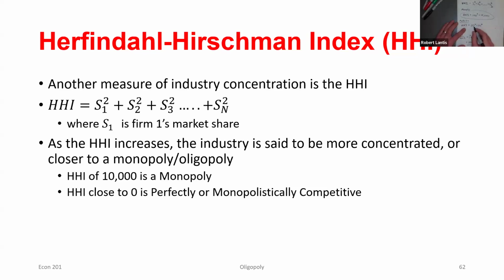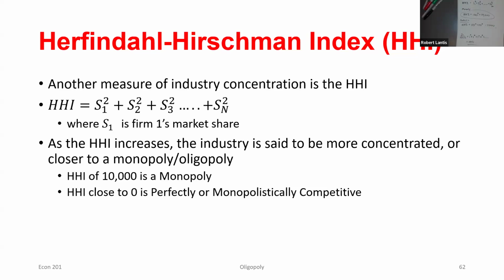So 50 squared is 2,500, so this should be 5,000 if I'm doing the math in my head correctly, right? Notice, even when we have just a second firm sharing evenly, my HHI is cut in half, right? So when we square market shares, it really over-penalizes firms that have a large amount of the overall market share.